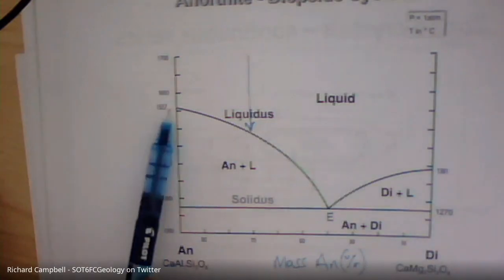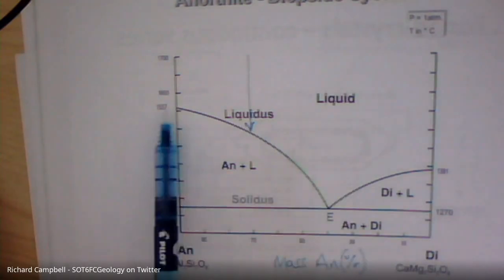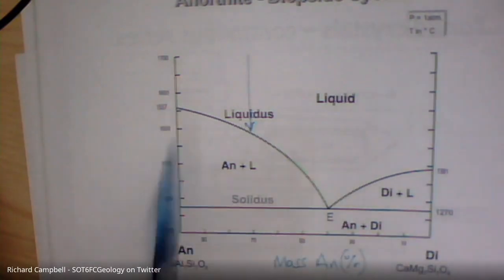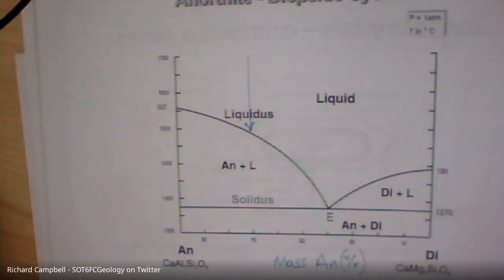Now, if we had 100% anorthite, then it would start to crystallize at 1557 Celsius. That's the actual crystallization point of anorthite. That's why that is highlighted there.